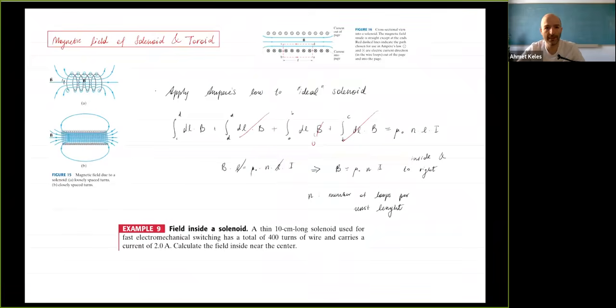So I'd like to find the magnetic field inside an ideal solenoid. For that, I have to choose an Ampere region. It's like a Gauss surface, but now this is Ampere's line, let's say. Maybe I can call it Ampere's curve.